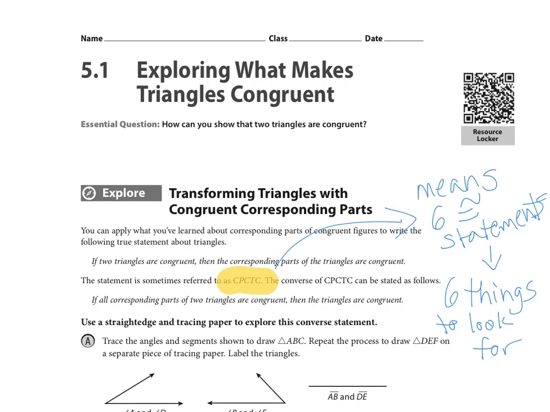That is 6 pairs of corresponding parts, meaning 3 corresponding angle pairs and 3 corresponding side pairs, okay?